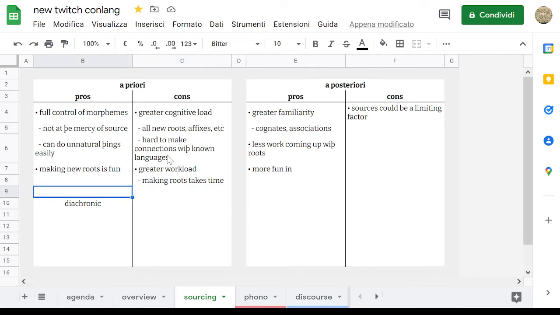Now, my goal is not to make this language the language for some kind of fantasy culture or fantasy history. I want to use this for history that I happen to be studying, like real history.